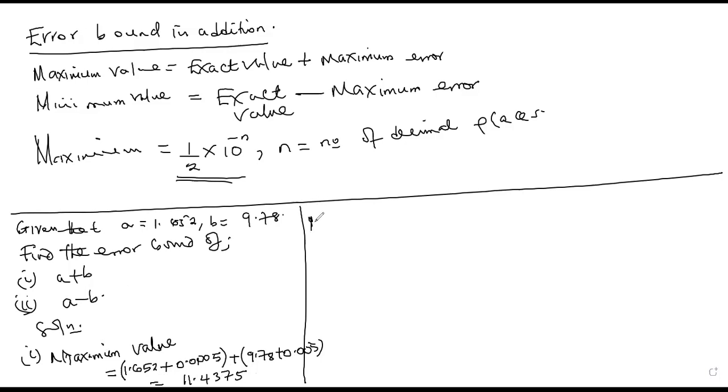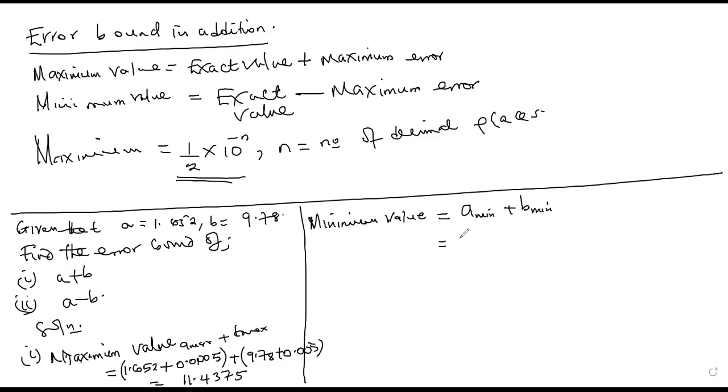Then we get its minimum value. To get its minimum value, we are going to have, of course, this was A maximum plus B maximum. So here it will be A minimum plus B minimum, since we are adding.